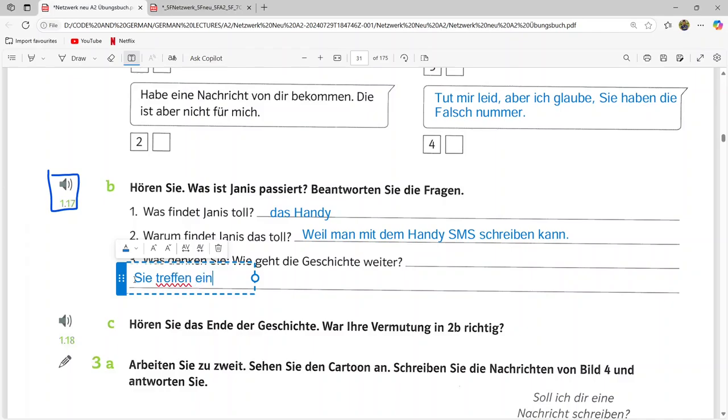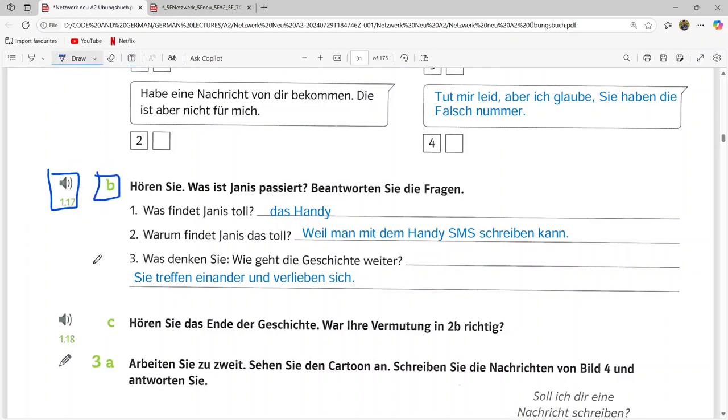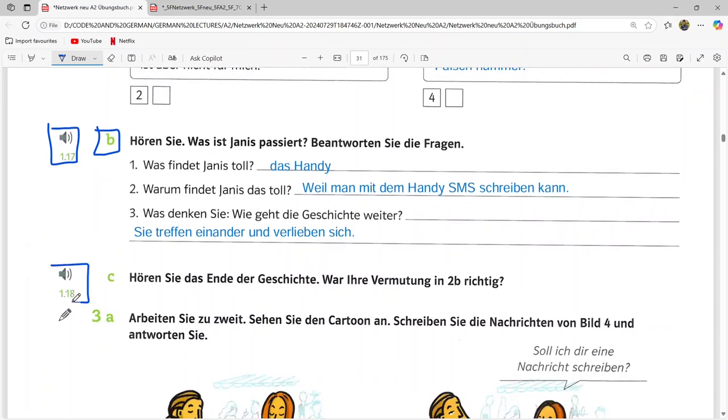So sie treffen einander und verlieben sich. So they meet each other and fall in love. Let's hope so. This task is done. Let's move on to the next task.